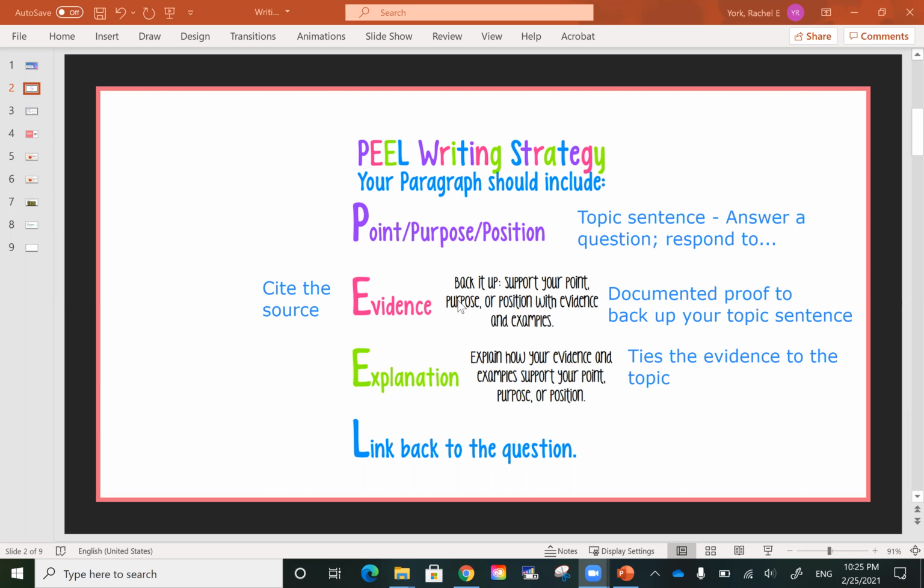So that's that. And then you would have your explanation of how this scientific evidence that you found that makes sleep so beneficial to the human body in general, how does that relate to your position of sleep being beneficial for students? Okay. So that is what you are looking for whenever you're looking for an explanation.